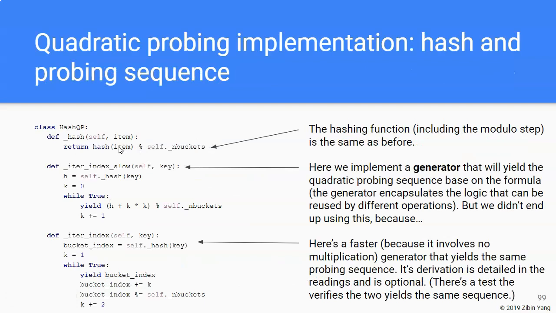Next, let's look at the hash function and the probing sequence. So the hash function, same as before, including the step where we have the modulo by the number of buckets. Now, the probing sequence, I wrote it as a generator, so you can tell by the use of the yield keyword here. The reason is so that all the logic to generate the probing sequence would be encapsulated inside one generator.